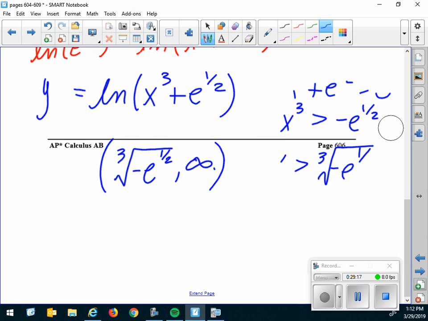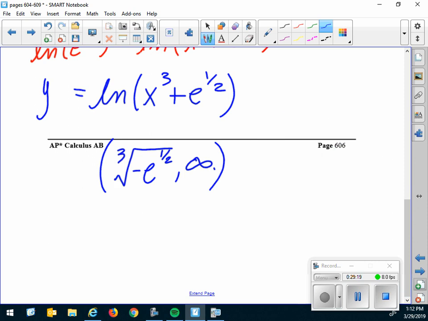I don't know if you can simplify it, but you can write it differently. Let's not worry about the negative. That would be e to the 1/2 to the 1/3. So you could say the opposite of e to the 1/6, and that would be fine. That's the same thing.